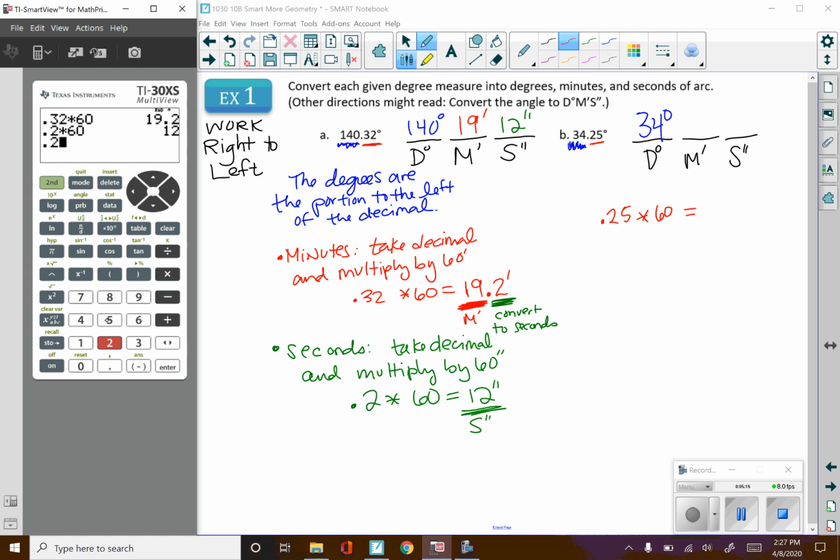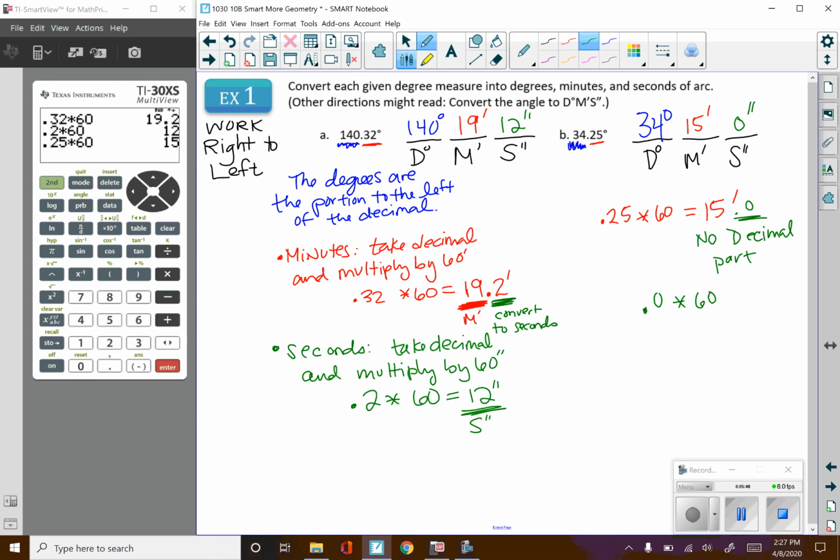In this case, we get 15, so that's our minutes. For seconds, we would take the decimal part, but in this case there is no decimal part. It's like 15.0, so we have 0 seconds on this one. If we had a decimal part, we would multiply it by 60 to get our seconds. So that is converting a decimal into degrees, minutes, and seconds.